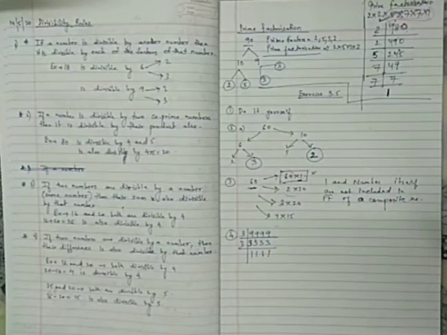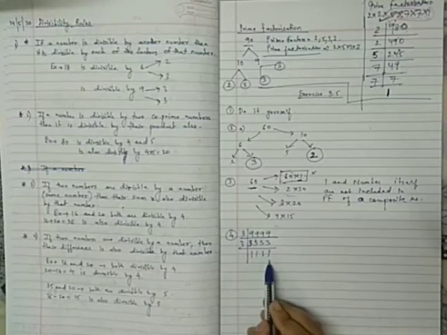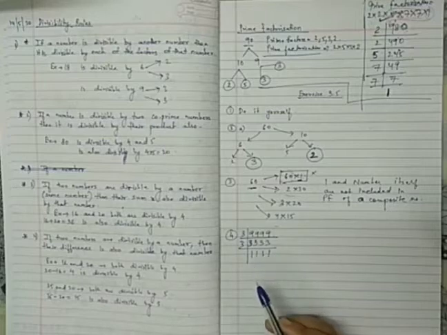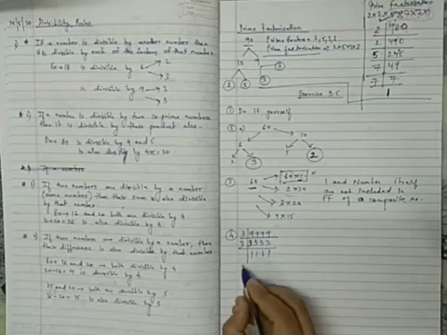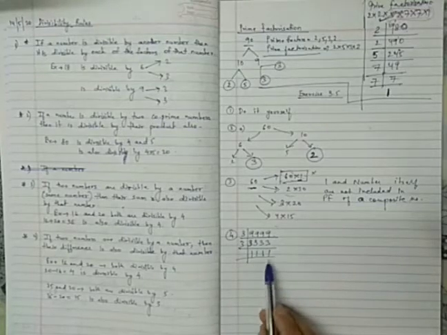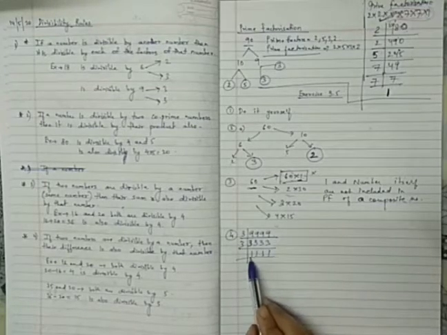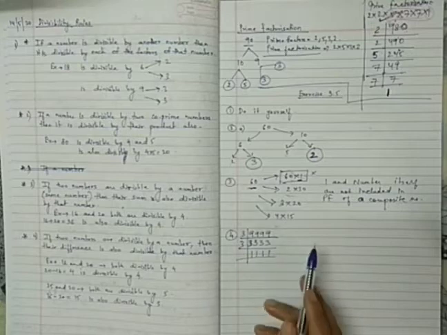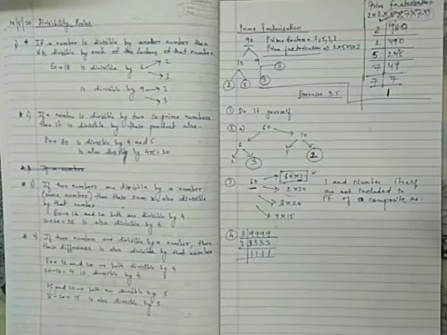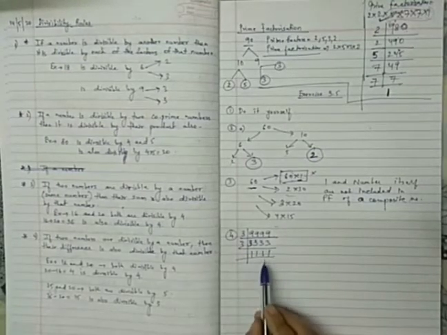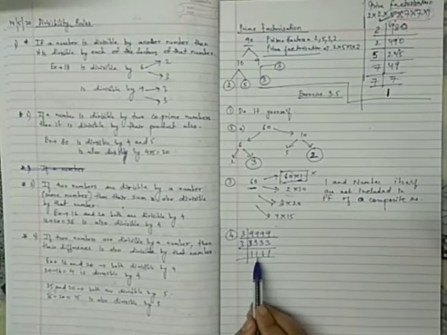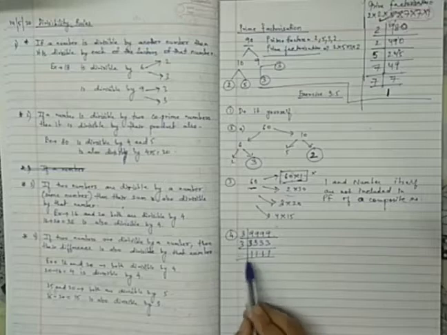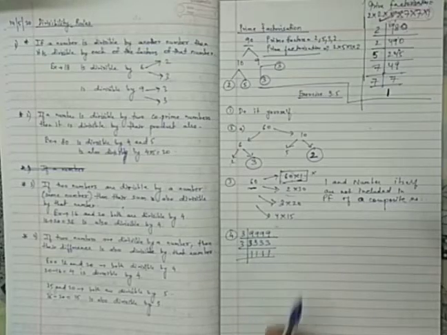Now, this will not go in the table of 2, because the end is an odd number. Now we check if it is divisible by 3. So add these numbers 1, 2, 3, 4. 4 is not divisible by 3, so this is not divisible by 3. Now checking for 4. 11 is not divisible by 4, so it is not divisible by 4. 5 also, it cannot be 5 because the end number should be 0 or 5. 6, let us check for 6.